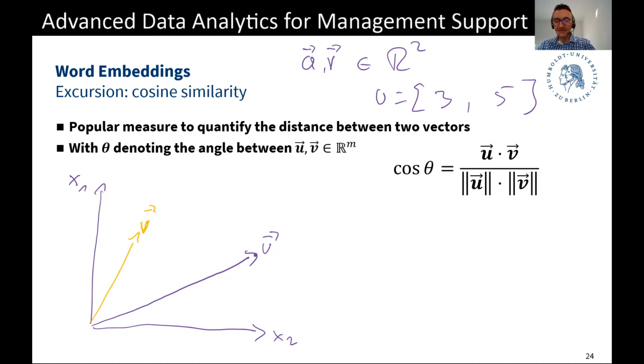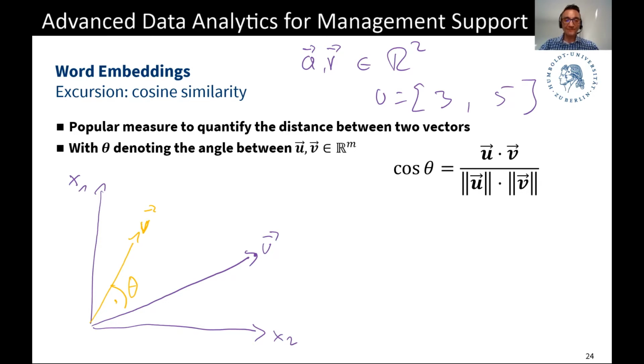And then the angle between them, this angle or the cosine of it, let's call that theta. Cosine of theta you can work out using this equation. That's just a bunch of linear algebra we are using here.